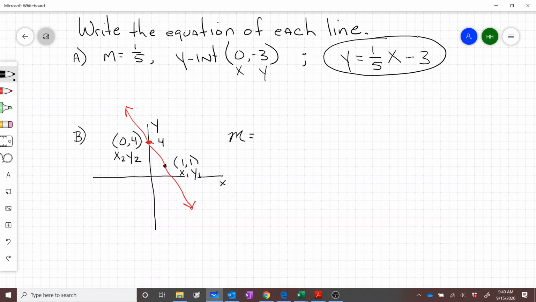So our y sub 2 minus our y sub 1 would be 4 minus 1, and our x sub 2 minus our x sub 1 would be 0 minus 1. So 4 minus 1 is 3, 0 minus 1 is -1, and 3 divided by -1 is -3.